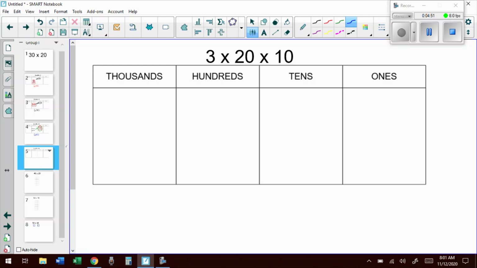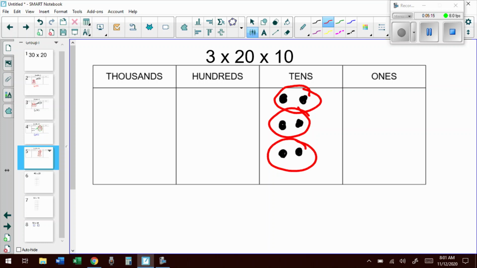Same way, more or less, but this time we're going to have 20, 1, 2, or 10, 20. We're going to multiply this by 3. So I have 20 once, 20 twice, and 20 3 times. And now we've taken 20, 10, 20, and we've done that 3 times.